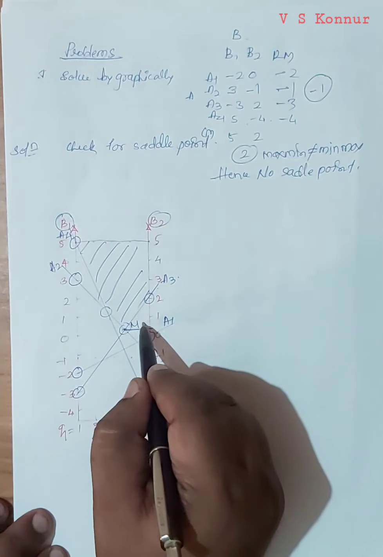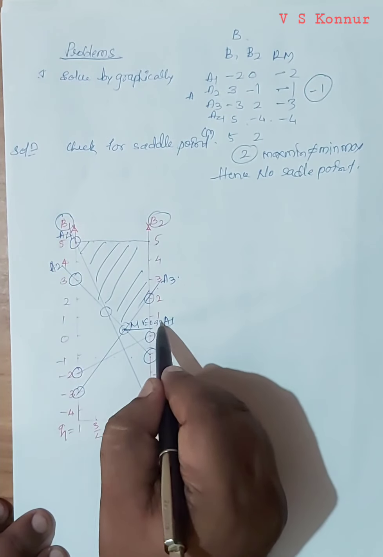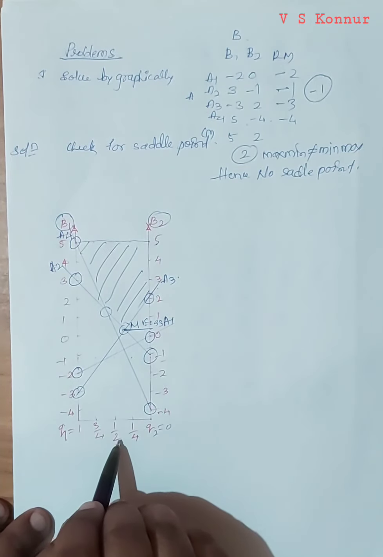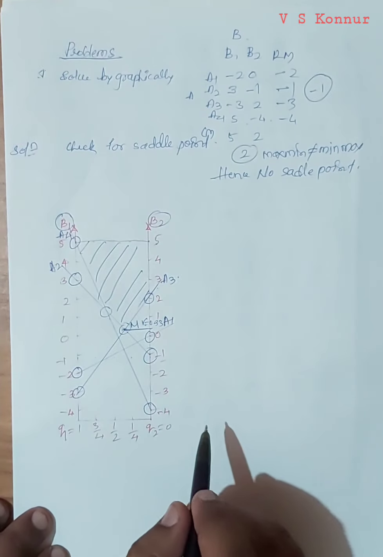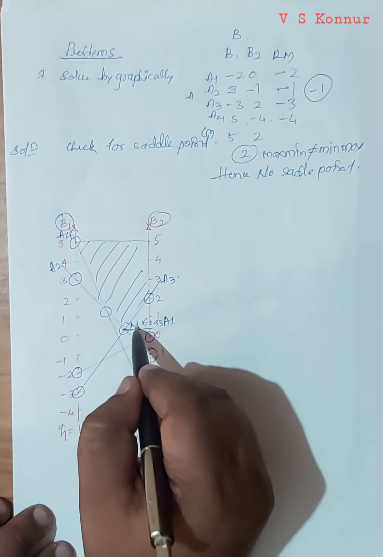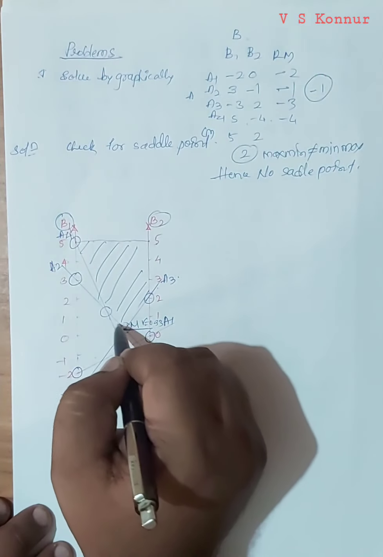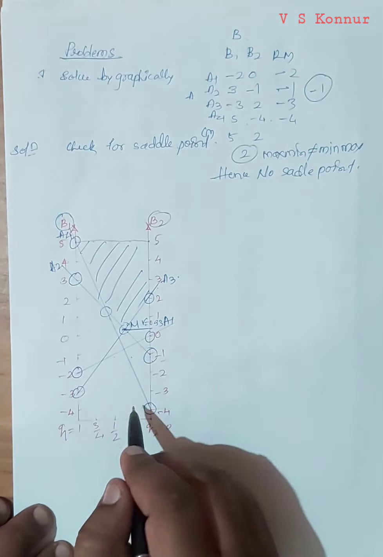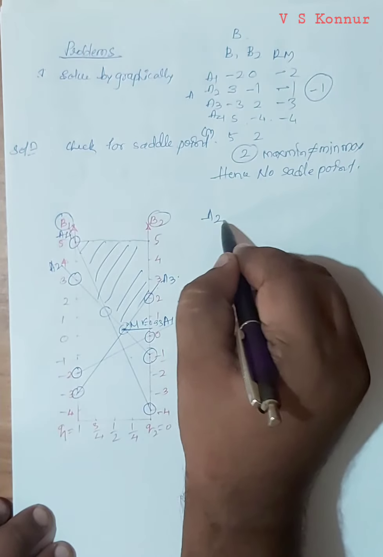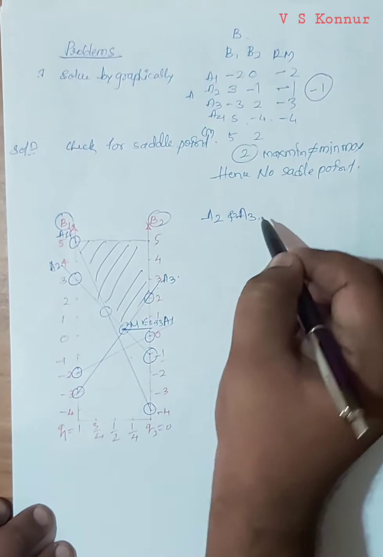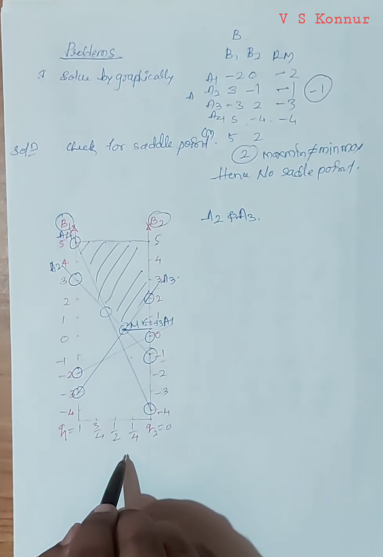Here you will get the value of the game as 0.33. You can check from the graph. Now it has been reduced to A2 and A3 graphically.